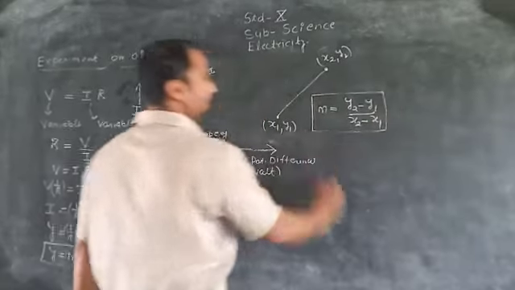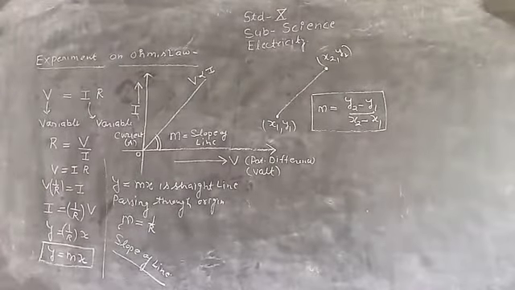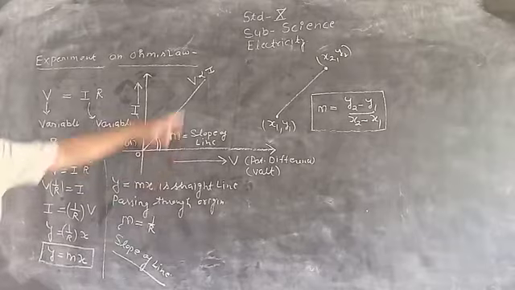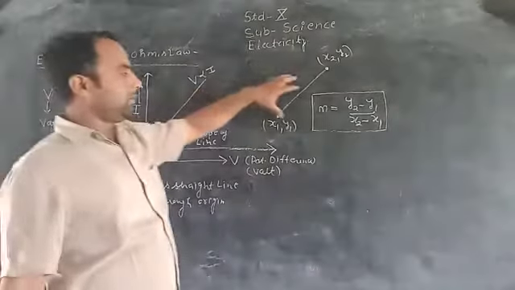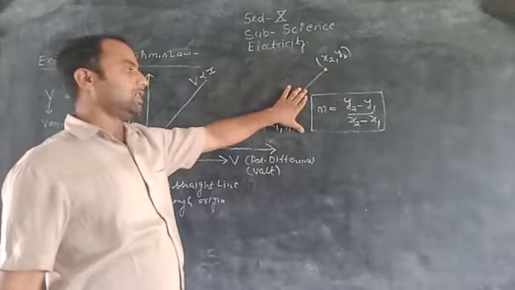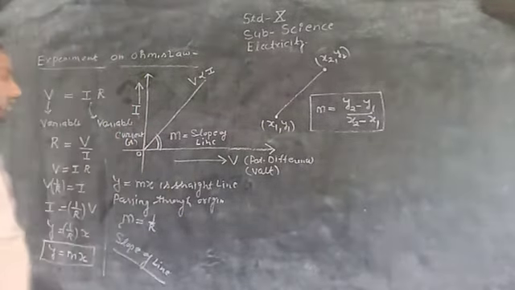This is the formula for the slope of a straight line, and here also this is a straight line.